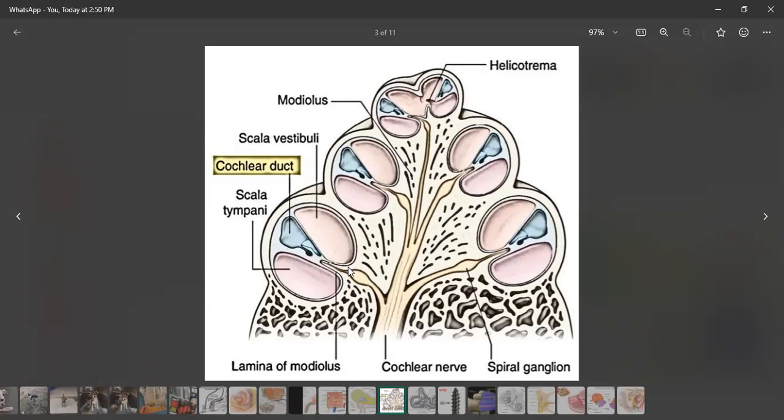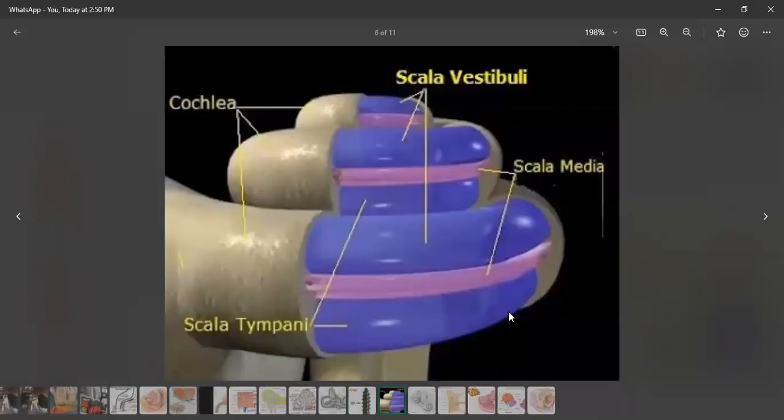Okay, so here is how it looks in another diagram. This is the modiolus. This is the membranous part. The spiral lamina of the modiolus will project here.